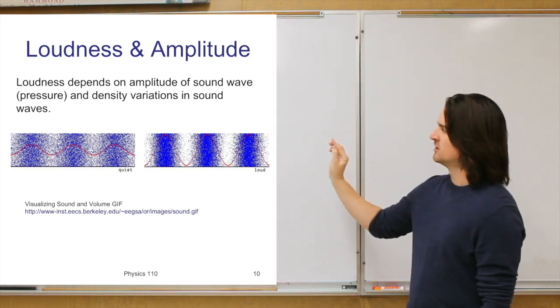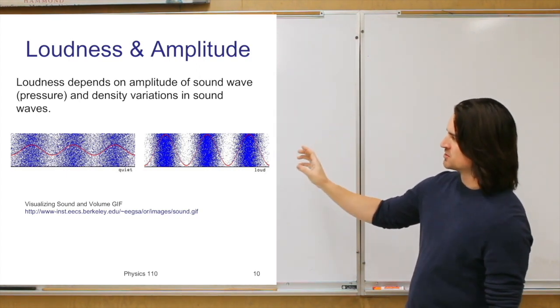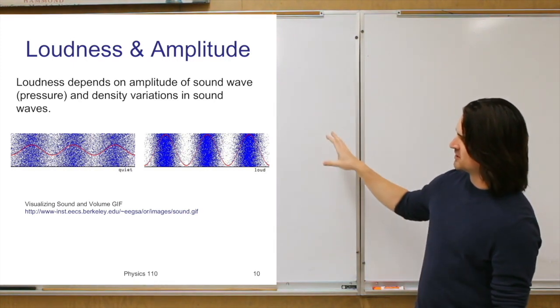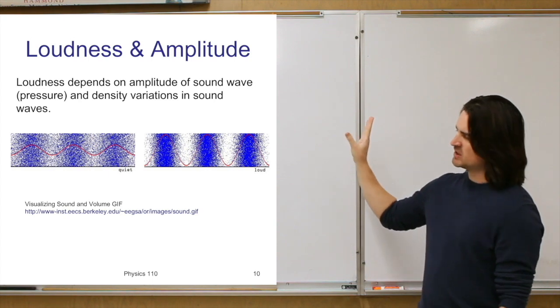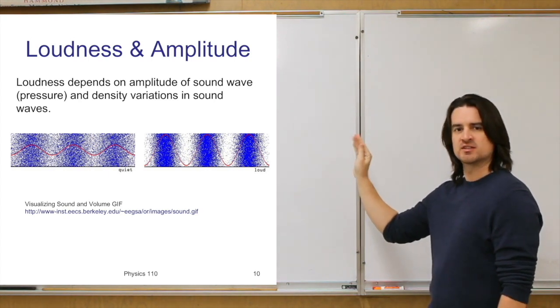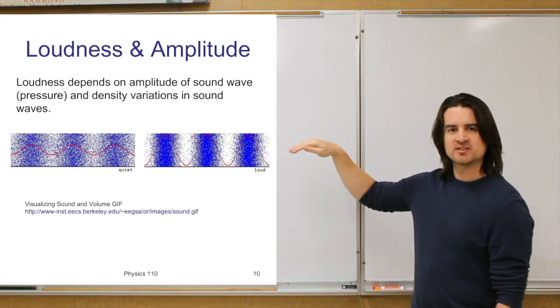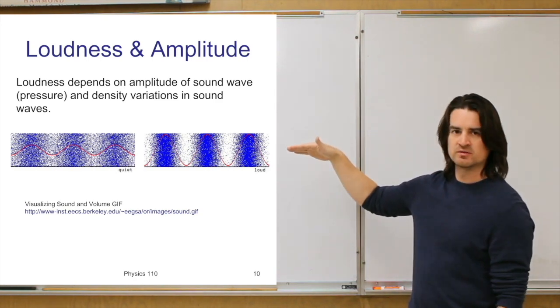But the compression is much less than in the loud picture on the right, where the air molecules are even more squished together inside those compression areas. That is to say, the wave on the left has a lower amplitude than the wave on the right.